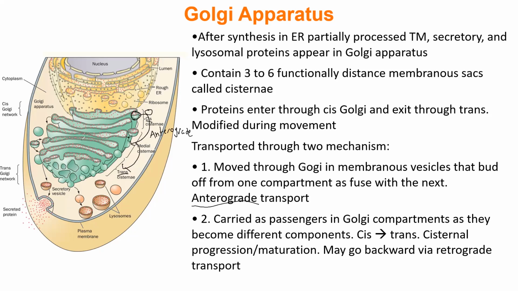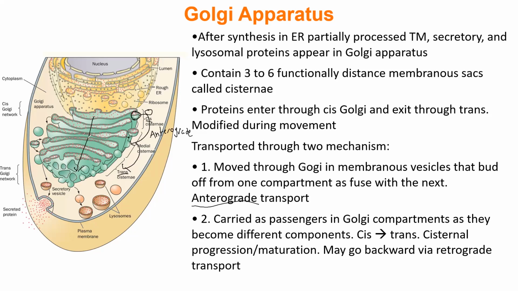However, naturally, the Golgi is like a conveyor belt. So the membrane sac that is in the cis will eventually turn into medial and eventually turn into trans. Excuse me, I had to sneeze. So the Golgi, like I said, is kind of like a conveyor belt, kind of like a treadmill, where the different sacs naturally turn into each other.